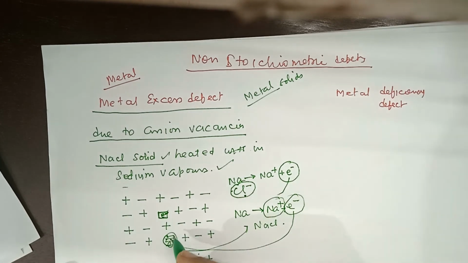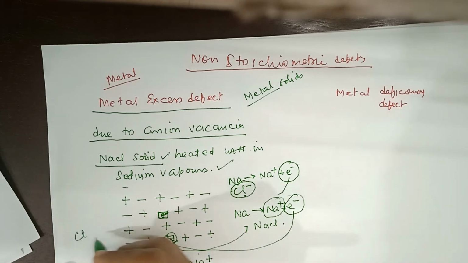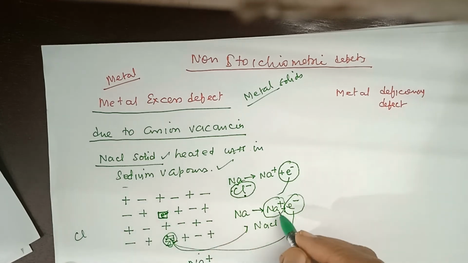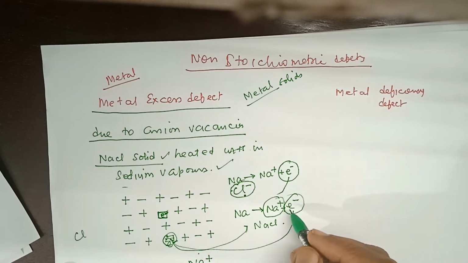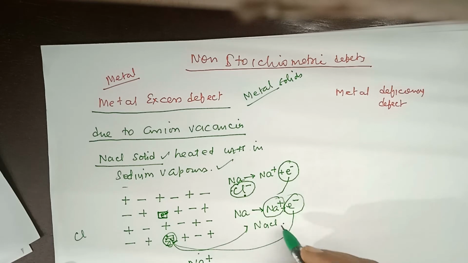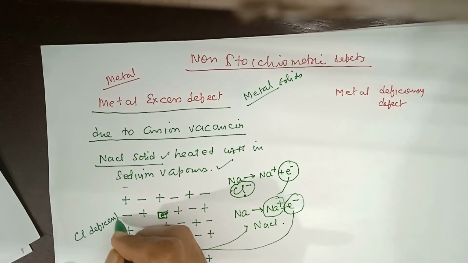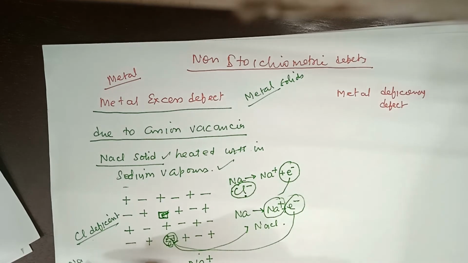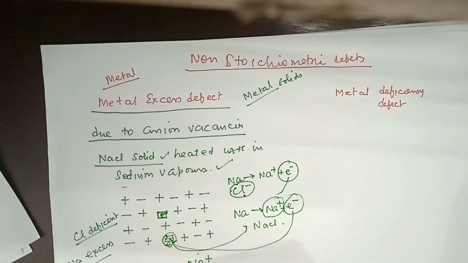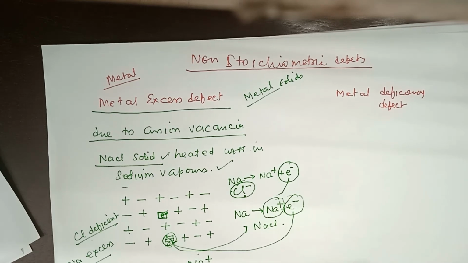Here what happens? Chlorine is deficient because chlorine has left the site and has come to the surface. So chlorine is deficient. In the process, sodium is in excess.